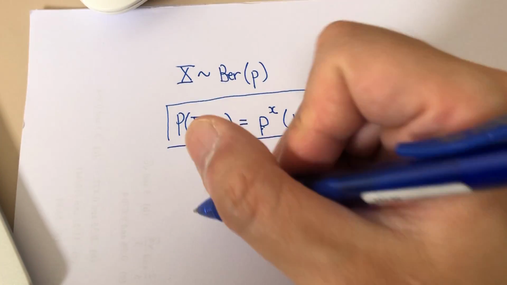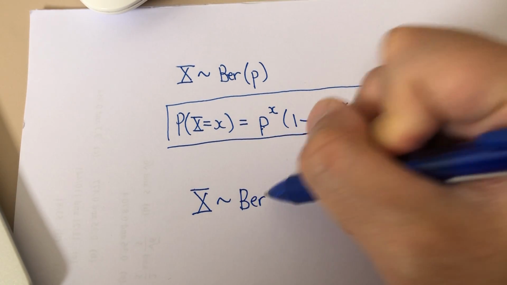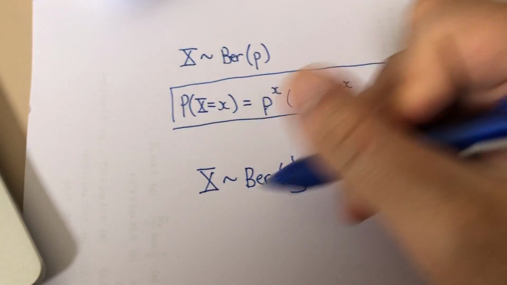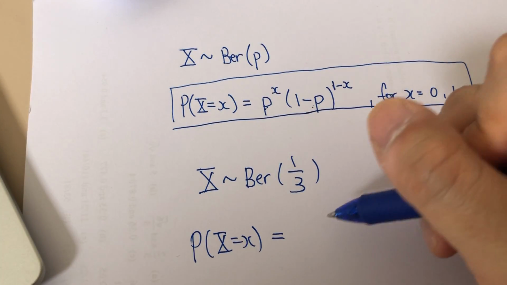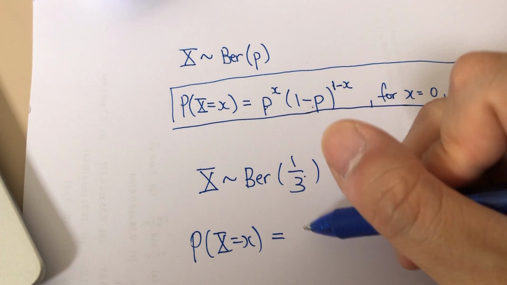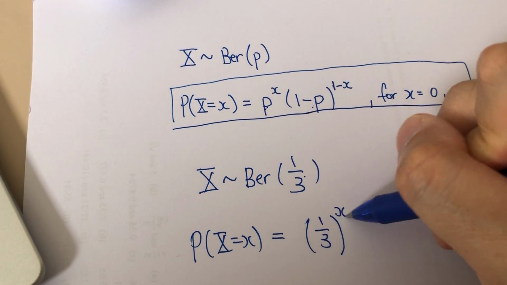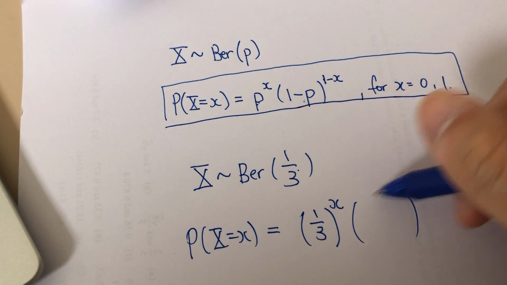And now in this case, tossing a coin, the probability of getting the head is 1 over 3. So the formula will become, first of all, probability of success, 1 over 3, to the power of x, and then times probability of failure.